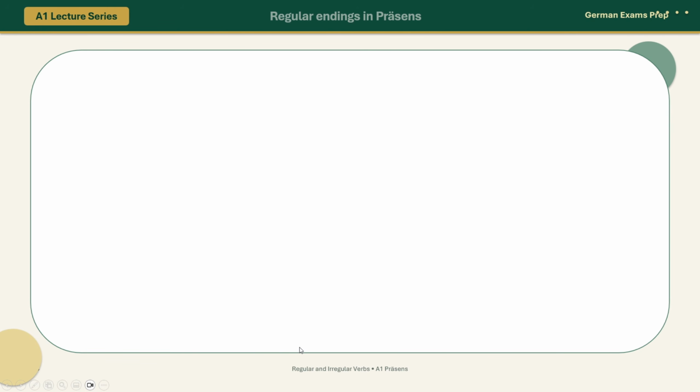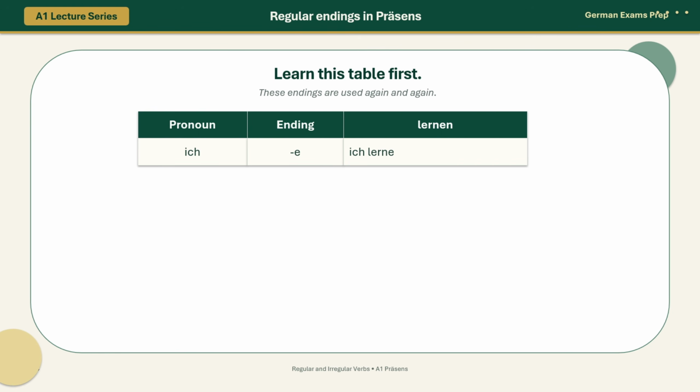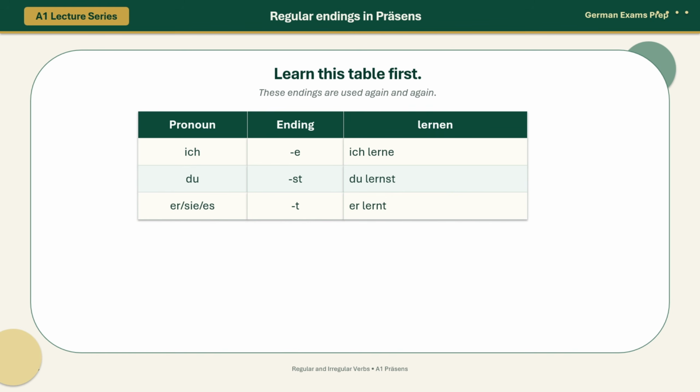So this is the most important table for regular verbs. For ich, we add e, ich lerne. For du, we add st, du lernst. For er, sie, es, we add t, er lernt.